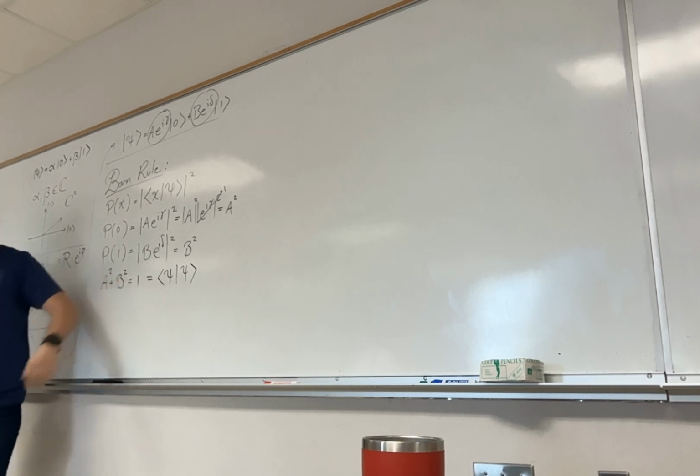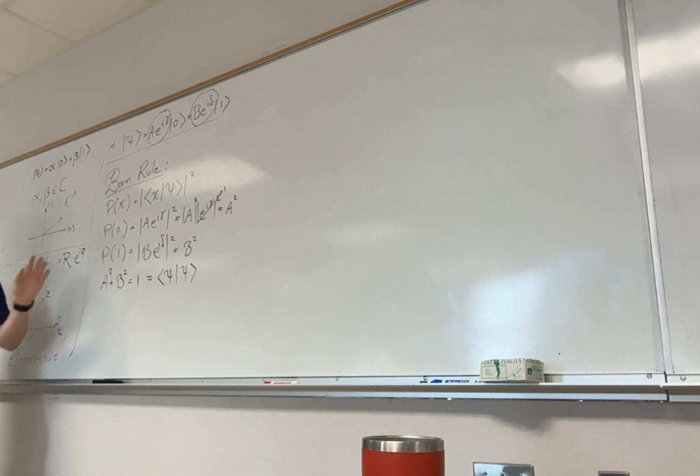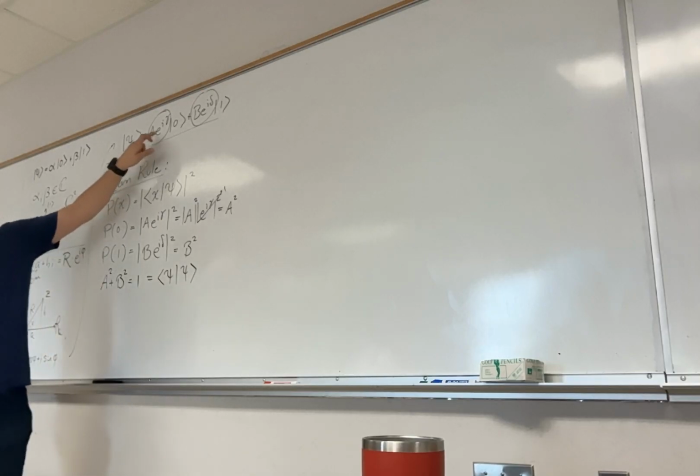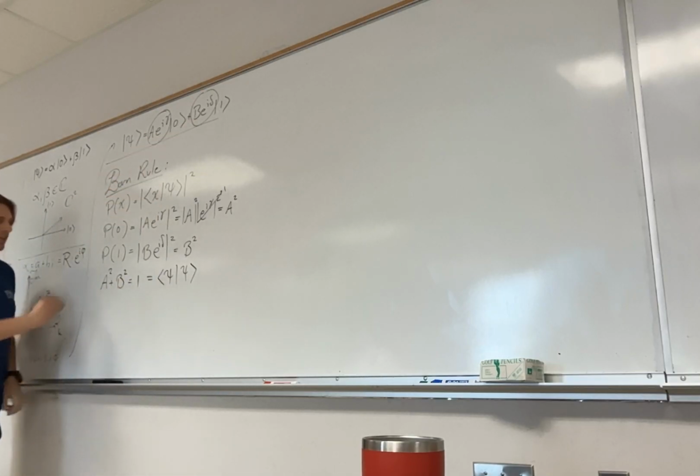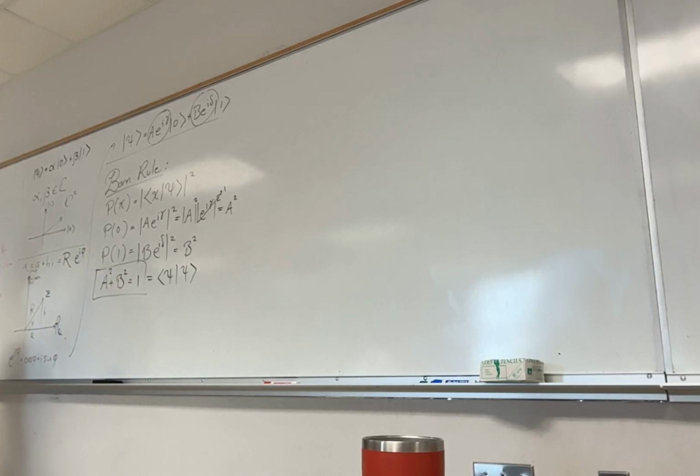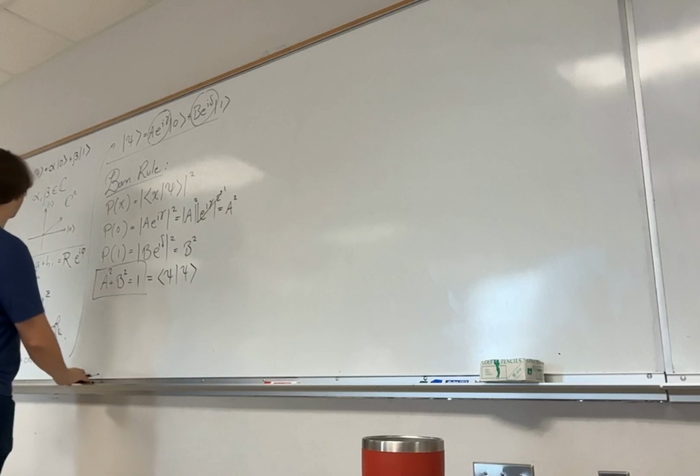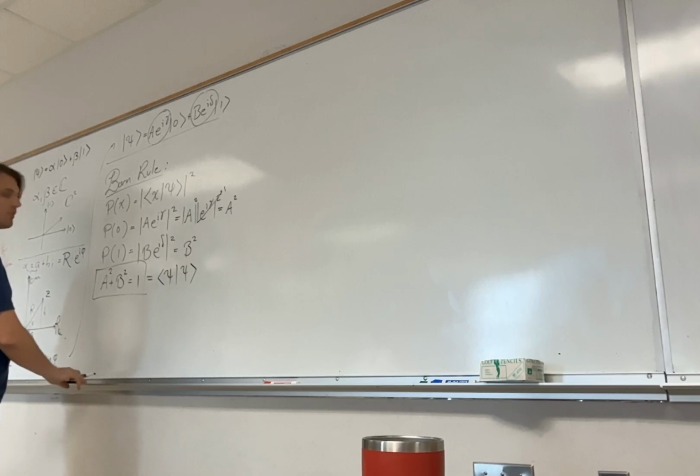But again, for those who aren't familiar with the Bloch notation, we'll come back to this. The only important fact here is that we have a constraint on these two numbers. They have to satisfy this property, which means that I'm going to write this. It's right here.